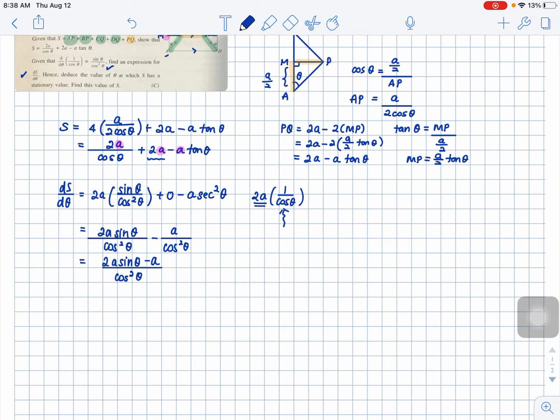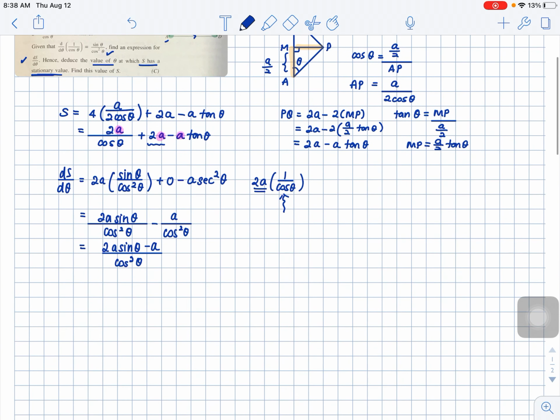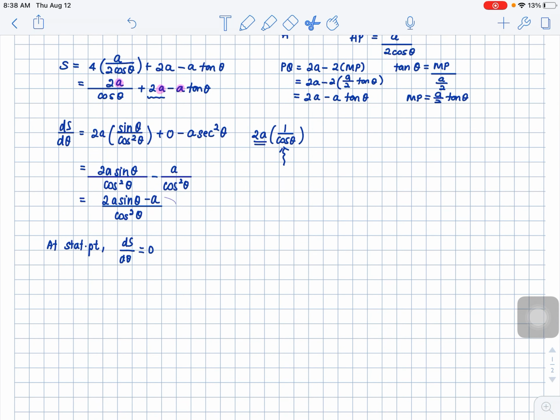Now I have to deduce the value of theta, and they told us that S has a stationary value. The word stationary here tells me that the gradient is going to be 0. So you take all of this and you're going to equate it to 0 now.